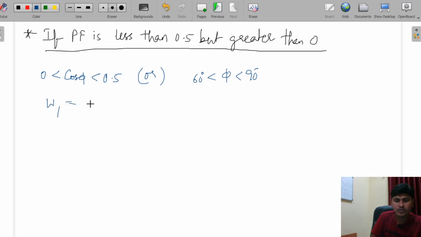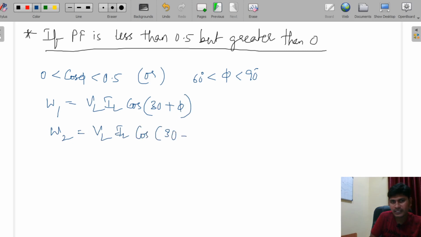W1 is equal to VL IL cos of 30 plus phi. W2 is equal to VL IL cos of 30 minus phi.